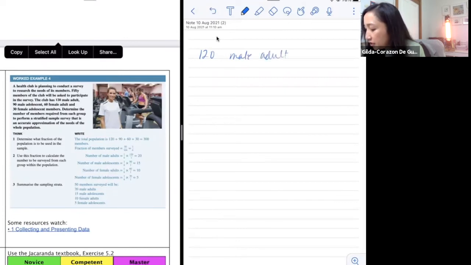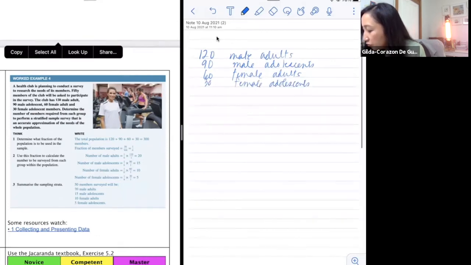Let's write them down. Next, 90 male adolescent, 60 female adults. And then lastly, you've got 30 female adolescents.